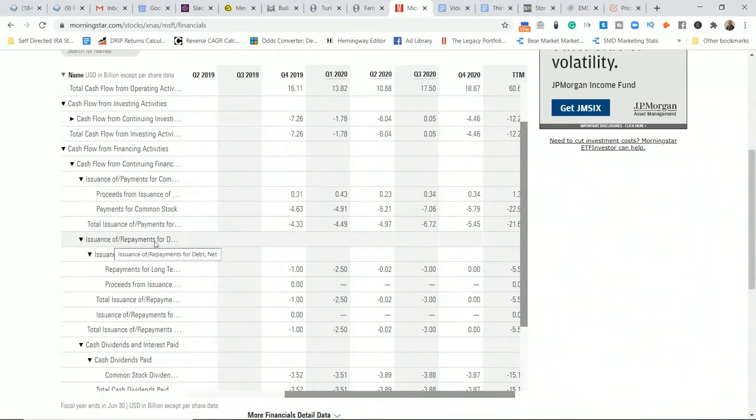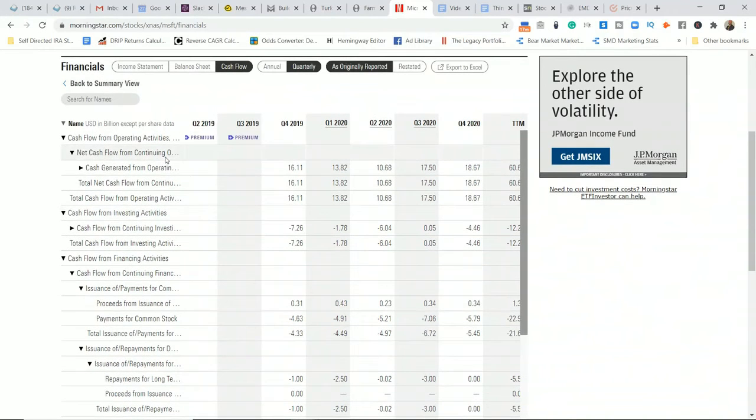Issuances or repayments of debt, because this will show you where the company is getting its money from. If it's not getting it from operations or investing activities, typically you want to see the company generate most of their cash flow from operations, because that means the operation is not only running well, but that it's profitable and that it can continue to sustain itself and the entire business without having to issue debt and shares.